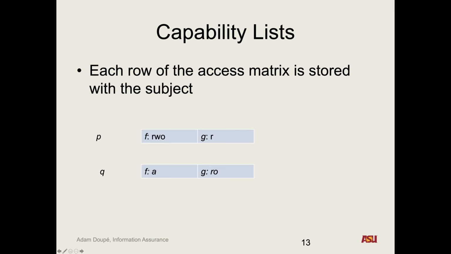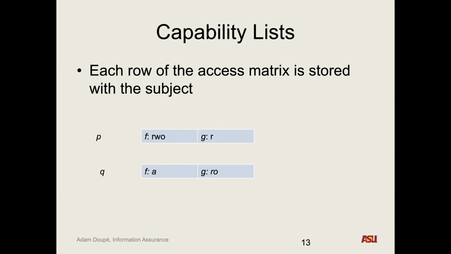So what are some of the benefits here? Yeah, deleting a user's permission is super easy. All I have to do is delete this capability list, right? So removing subjects is incredibly easy. And I can also audit a user very easily.